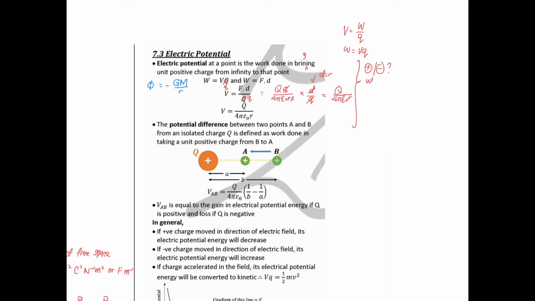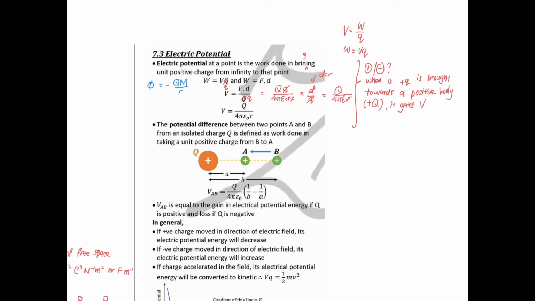So when a positive charge is brought towards a positive body, which is also positive charge, so it gains V, electric potential.